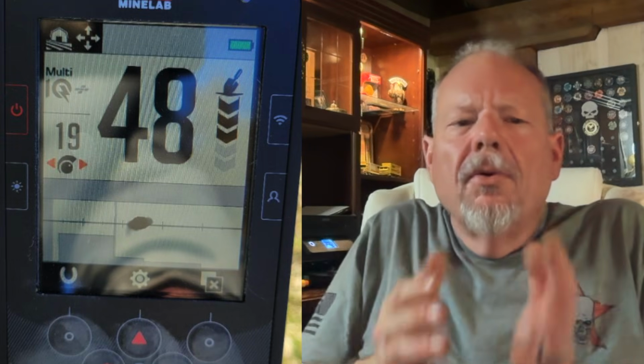Number 10. All right, 48. Nice looking, a little bit large blob. Not quite as tight as I would like to see for a piece of jewelry. This could be something of value. Definitely something you want to dig.